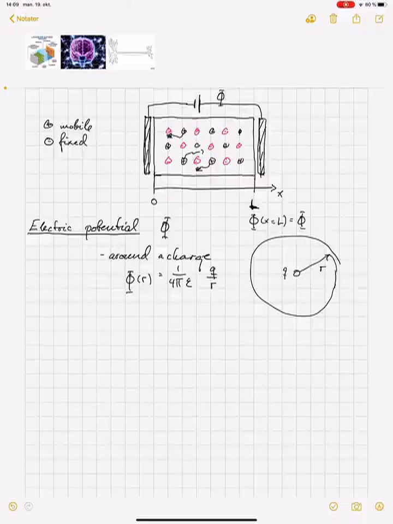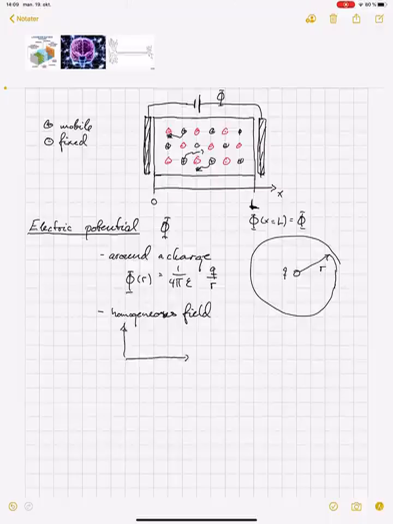Now, for a homogeneous field, like in our example with the electric cell, between the electrodes, we know that it's homogeneous.